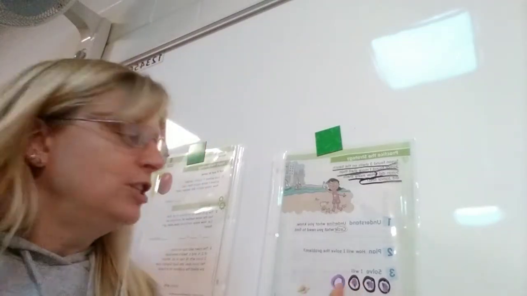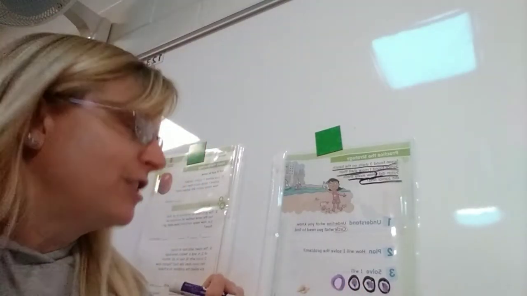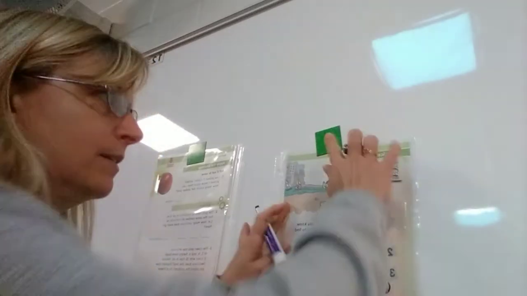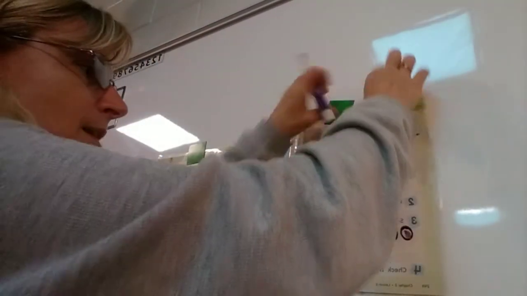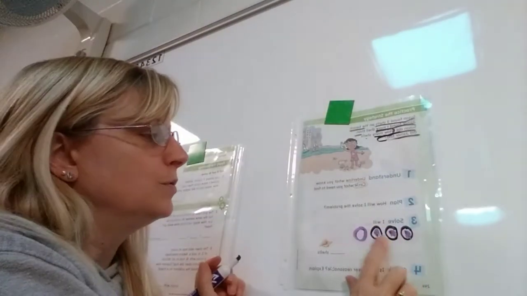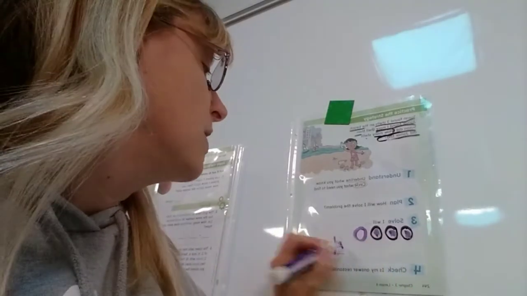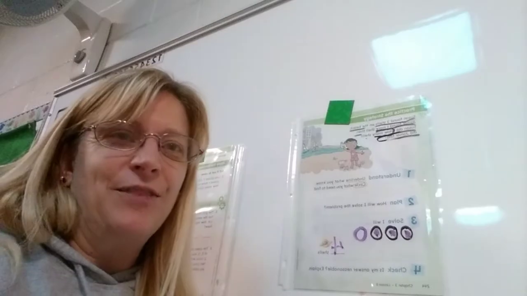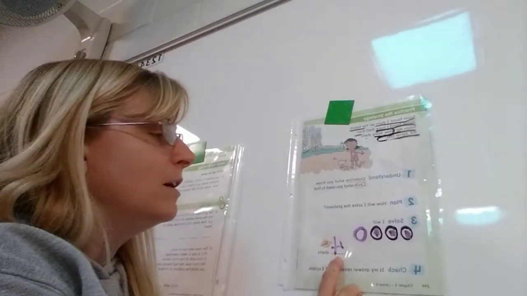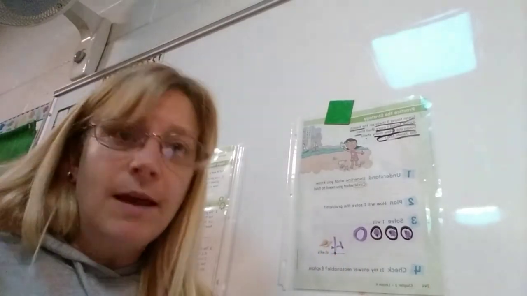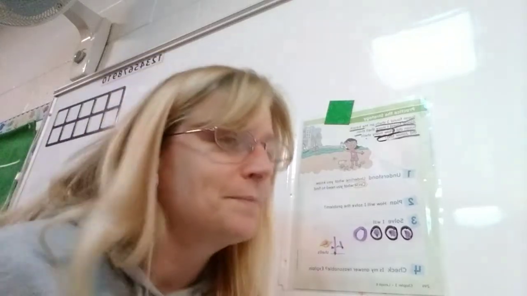So how many shells did Jamar find altogether? That's right. He found 1, 2, 3, and 1 more. So he found 4 shells all together. And we know that 4 is 1 more than 3.